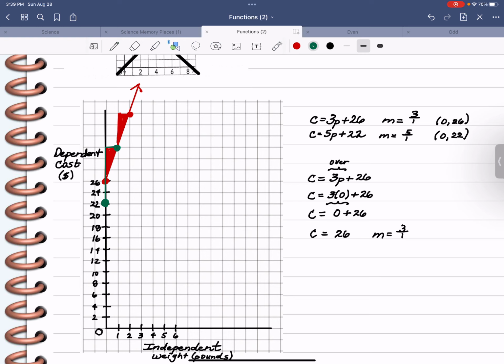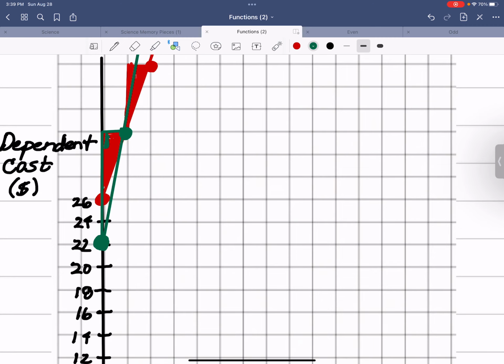It looks something like that. This is the green slope. You're climbing 5 and you're running 1, and it intersects the red slope right at that point. And it's that point that I'm so interested in. What is that point in terms of an actual coordinate? Because that's the solution to this system.